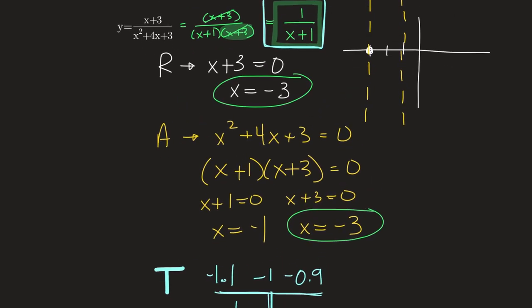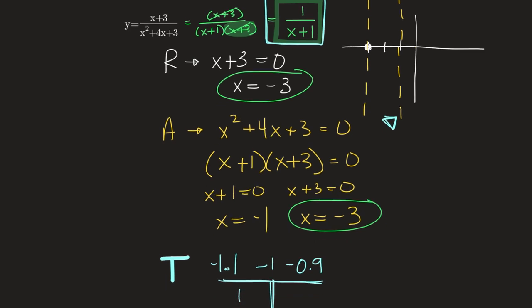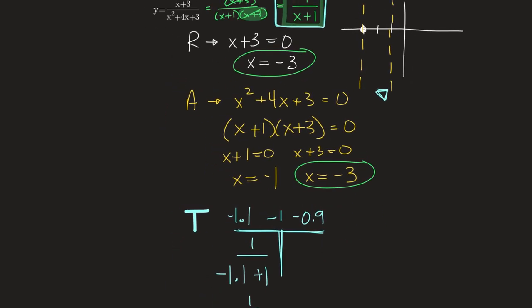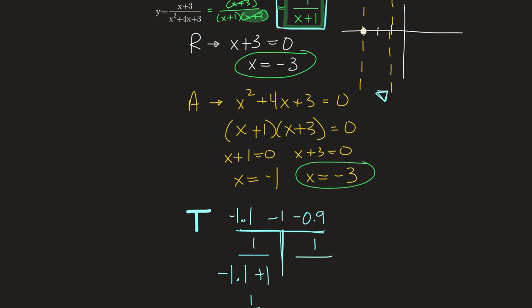So on the left side of negative 1, our graph is going to be pointing down, right? Going down towards negative infinity. A negative 10 means our graph goes down. And similarly, we're going to do it for the right side. Negative 0.9 plus 1, which is 1 over positive 0.1, which is a positive 10.